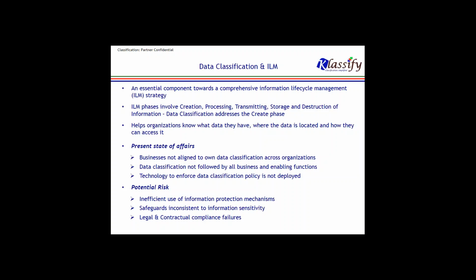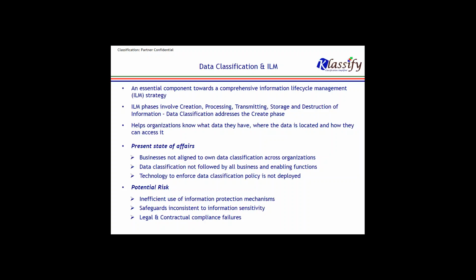So let's look at very typical potential risks that an organization faces because of non-implementation of an effective data classification program. Number one, ineffective use of information protection mechanisms. Look at solutions like data loss prevention or information rights management.